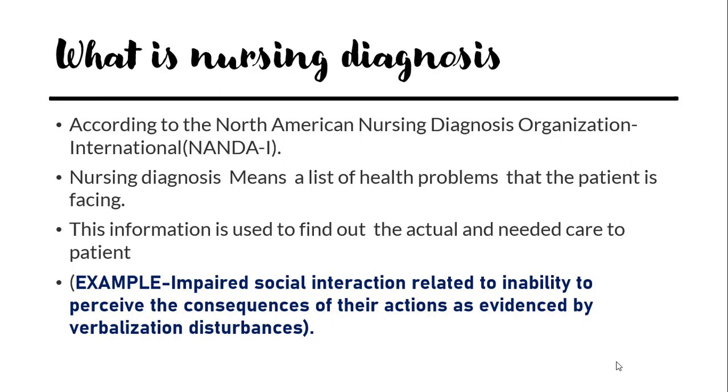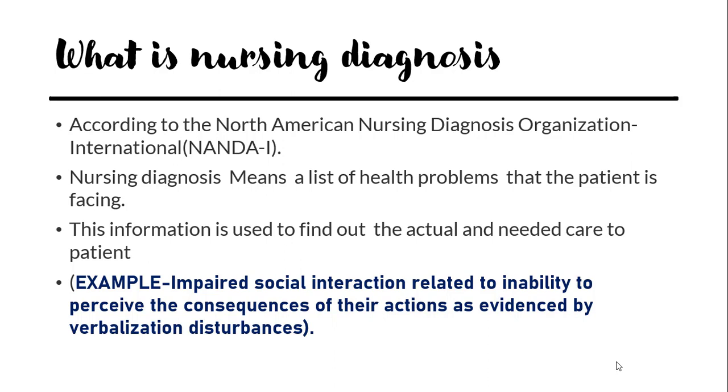I will give you an example of how to write a nursing diagnosis. Impaired social interaction related to inability to perceive the consequences of their action as evidenced by verbalization disturbance. While writing a nursing diagnosis, you have to specify the problem, the reason for that problem, and the observation that made you understand this problem.